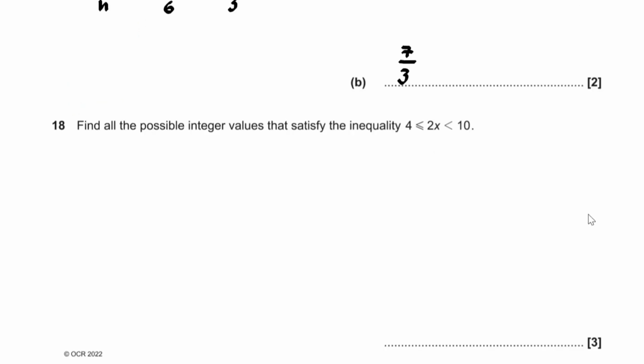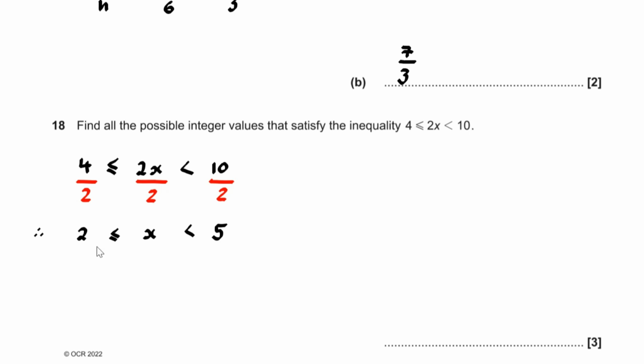Question number 18. Find all the possible integer values that satisfy the inequality 4 is less than or equal to 2x, which is less than or equal to 10. So if we have 4 being less than or equal to 2x, which is less than 10, we can divide each side of the inequality by 2, leaving us with 2, which is less than or equal to x, which is less than 5.